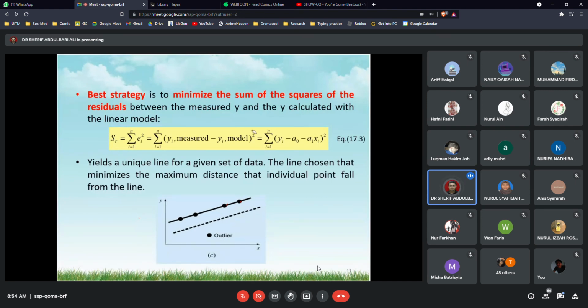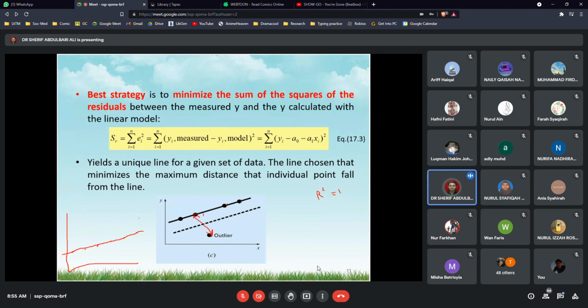From our example here, if R square is equal to 1, that means my data is somehow something like this, and my regression line passes exactly on top of the points. So there is no distance between the measured data and the line. Most of the points are going to be on the line.